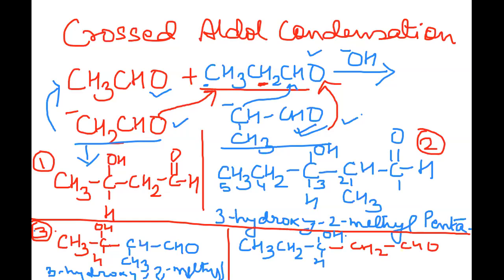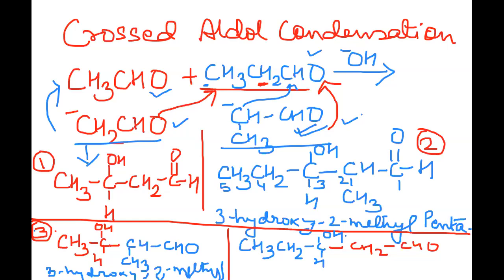So you get 2 compounds for which the root words are butanal, and you get 2 compounds for which the root words are pentanal. The hexane chain will not be obtained because the CH3 is going to be a part of the branching when the aldol molecule has been formed. So what we understand here is that if we take 2 different kinds of aldehydes, or 2 different kinds of ketones, then the crossed aldol products are obtained.